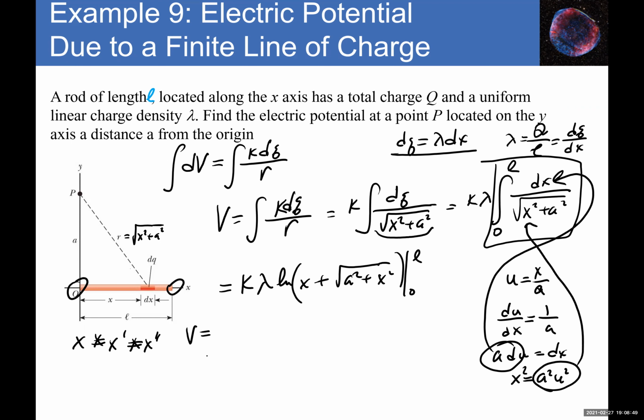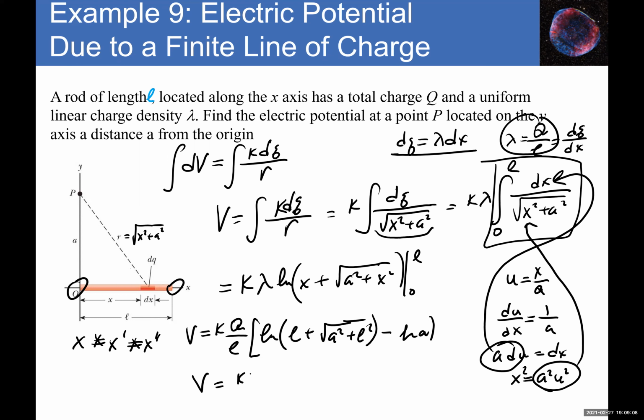And then we can replace lambda with q over L. So it becomes k q over L times ln of L plus square root of a squared plus L squared, minus ln of a, which then can give us k q over L times ln of L plus square root of a squared plus L squared, over a.